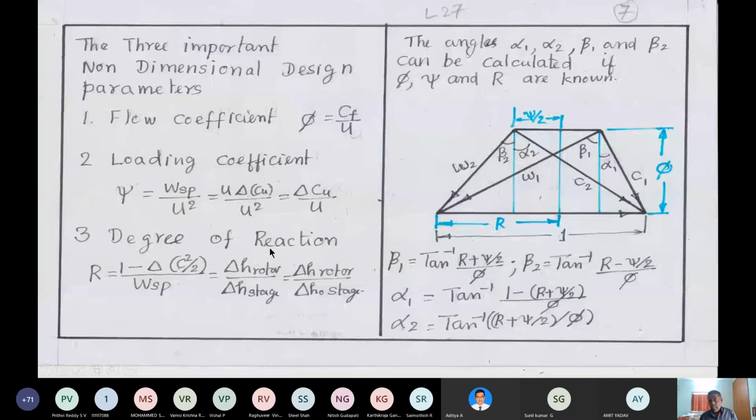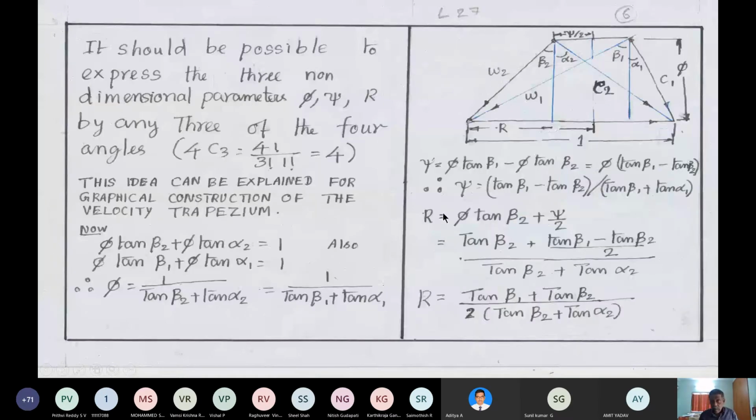Now let me come to the previous one. Okay, now this R, degree of reaction.